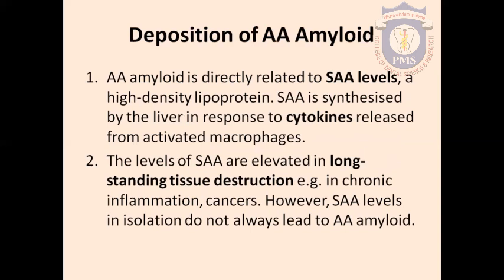Deposition of AA amyloid. AA amyloid is directly related to SAA levels, a high density lipoprotein. SAA is synthesized by the liver in response to cytokines released from activated macrophages.